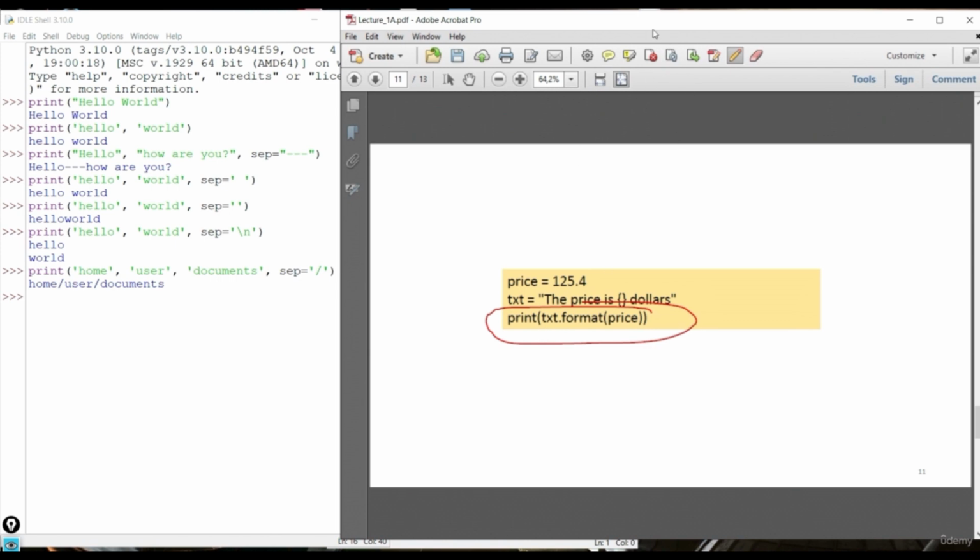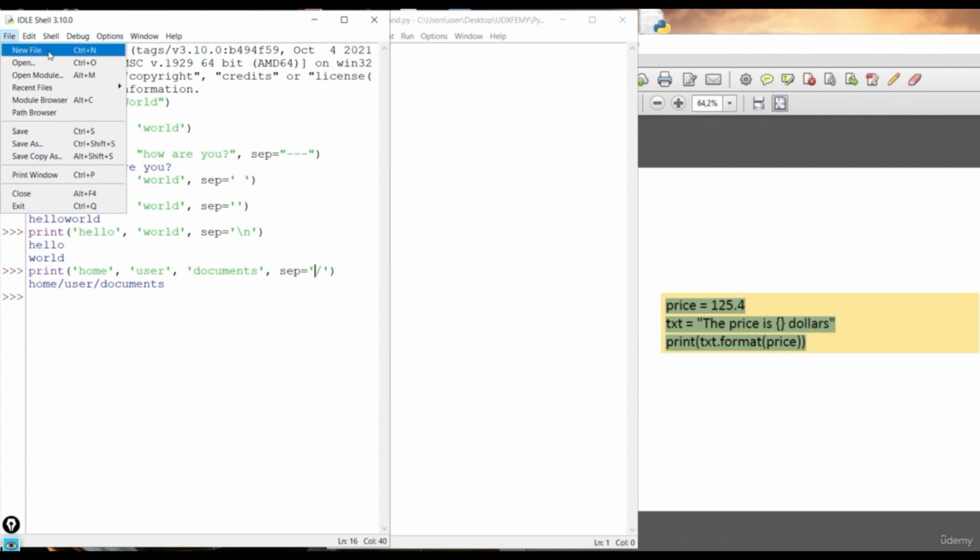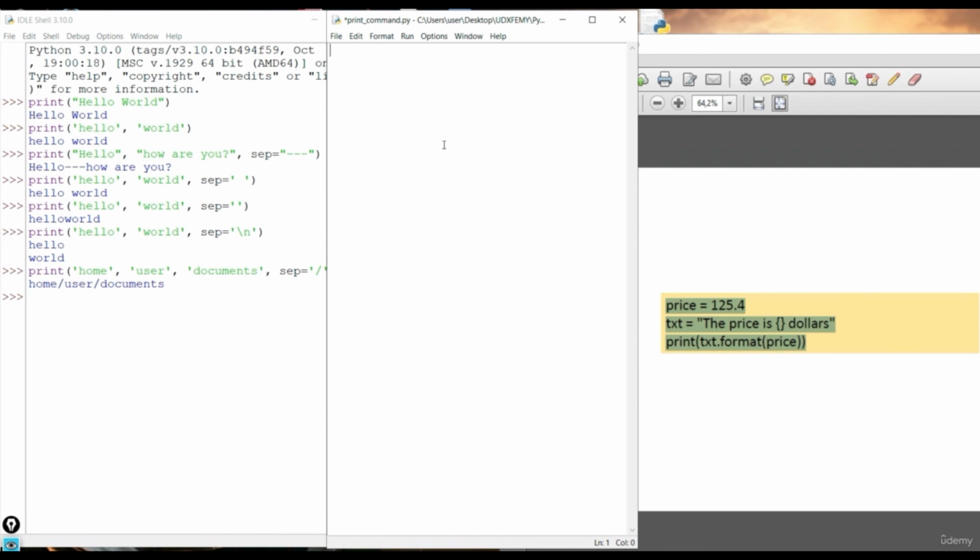Okay, let's consider this example. Let me copy it, and now I will use a file. I can create a file here using the new file. I already did it, so I'm just copying the Python statements here and running the program.